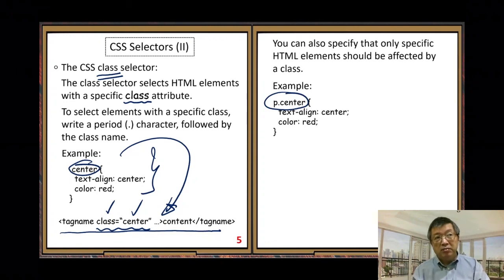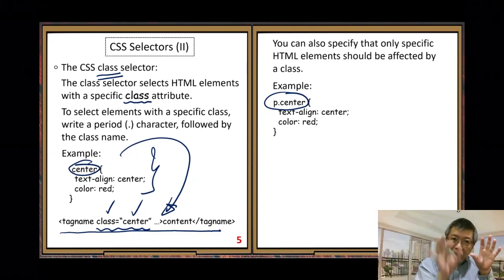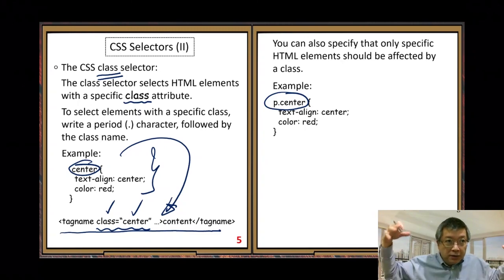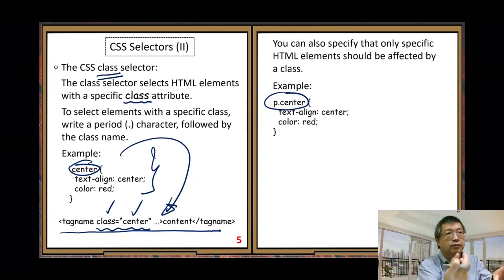First, it must be applied to a P element. But not all P elements. Only those P elements with the center class value. So you can see we narrow down. We use dot center to narrow down to those P elements with this class name center. So that's the way.